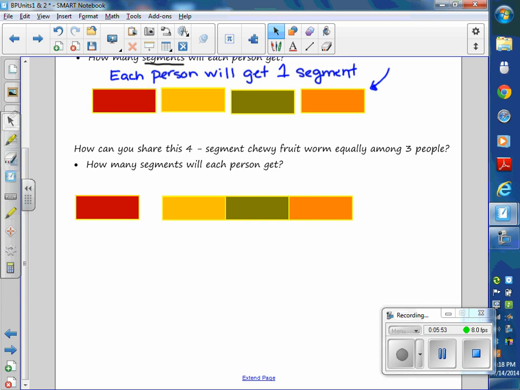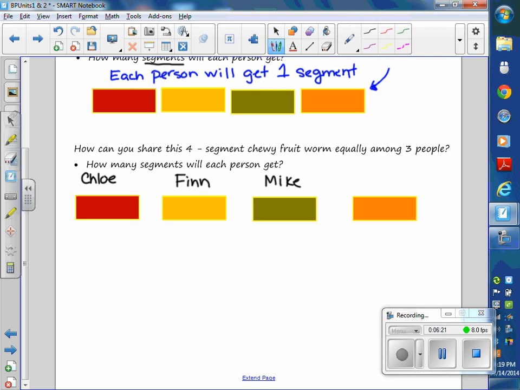Like if you had maybe Chloe and Finn and Mike. Only 3 people. They would each get 1 whole segment, but then you'd have to take this last segment and chop it up and then divide it up.